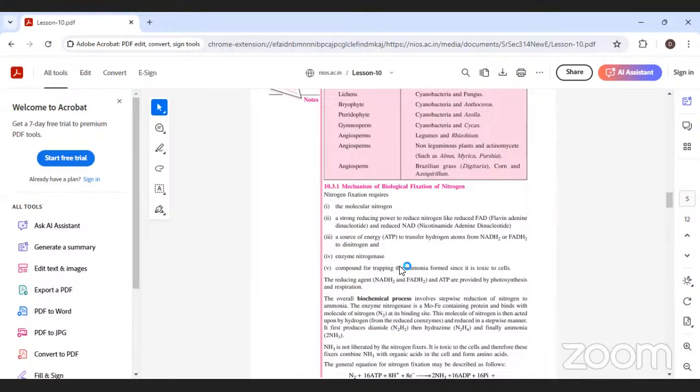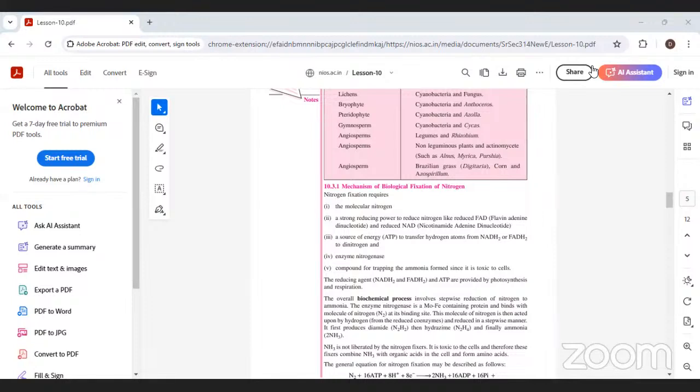FAD is flavin adenine dinucleotide, reduced to NAD, nicotinamide adenine dinucleotide.